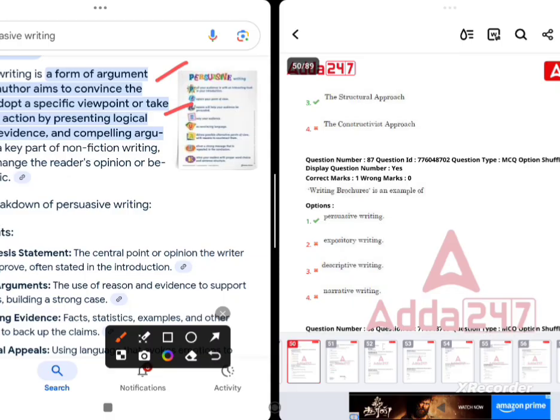It's a key part of non-fiction writing aiming to change the reader's opinion or belief on a topic. Here's a breakdown of persuasive writing.